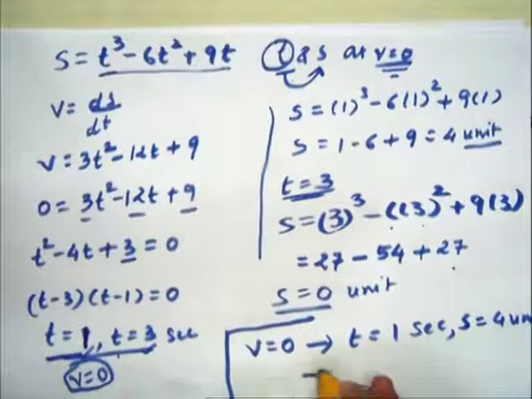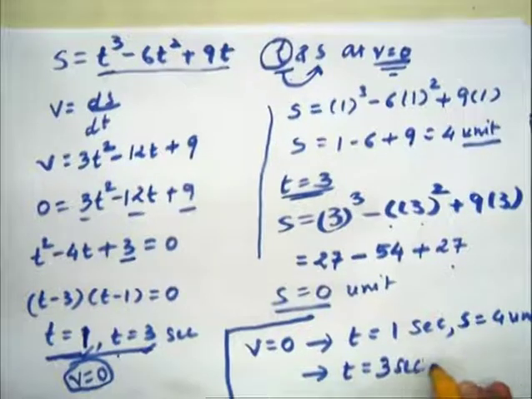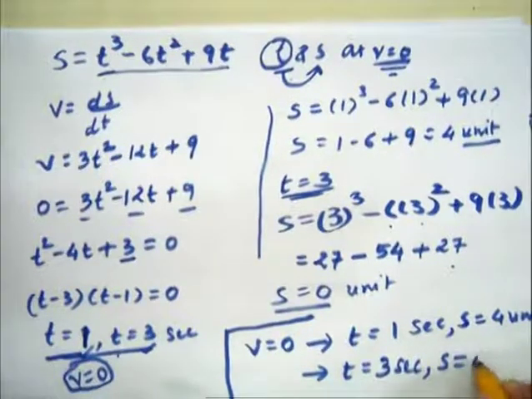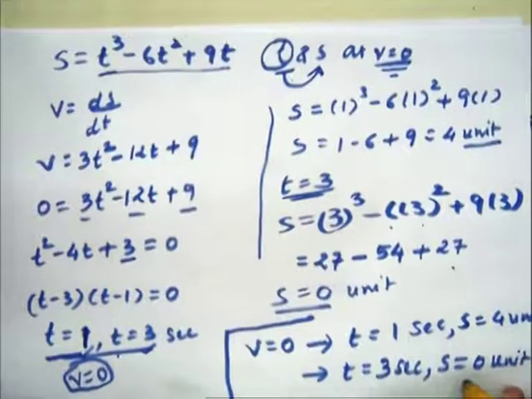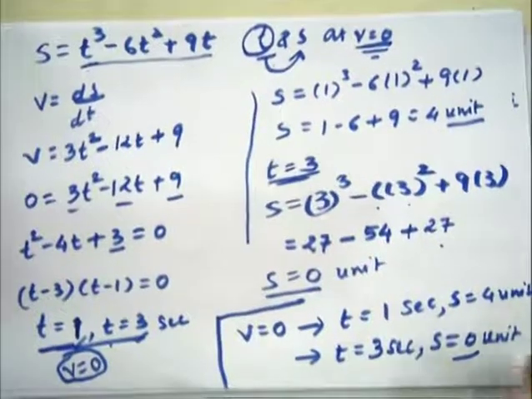And it also stops at t equal to 3 seconds, and at that time s is equal to 0 units. So it comes back to the initial point after 3 seconds. We can say the particle will come back to the same point from where it started and it will stop there. So this is the time and distance covered at v equal to 0.